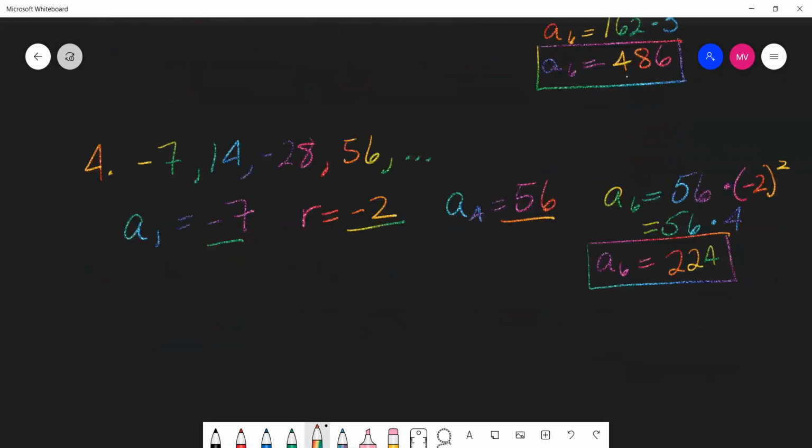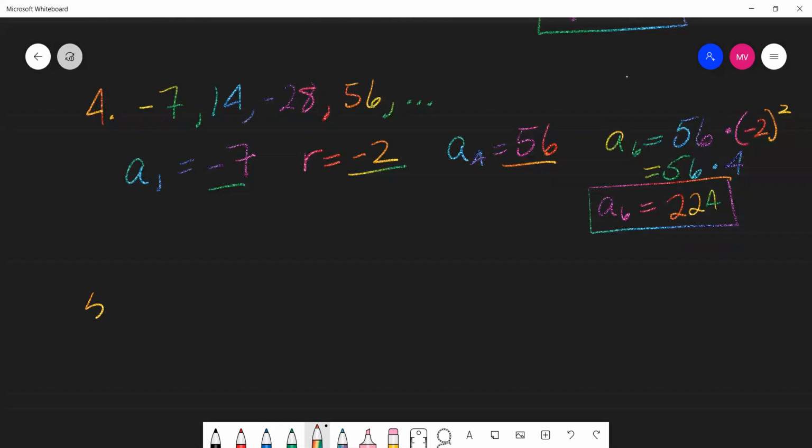Okay. Last one, number 5. And then I think I'm going to finish today here. 256, so we can work on some homework together. 128, 64 and 32.